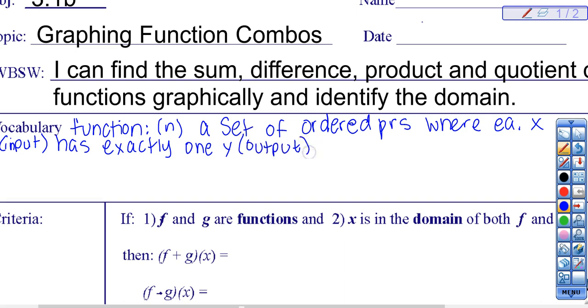We know this. We've discussed this multiple times just this year already. It will pass the vertical line test. So that's our first term.